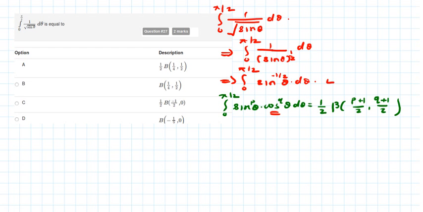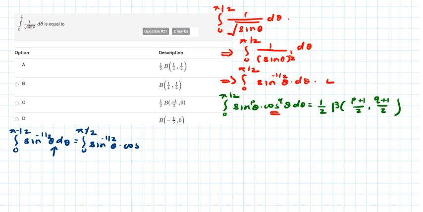So what we will get? We get integration 0 to pi by 2 sin raised to minus half theta d theta is equal to integration 0 to pi by 2 sin raised to minus half theta, and I can adjust the one which is present over here as cos raised to 0 theta d theta, so that we can convert the integration into the standard form.